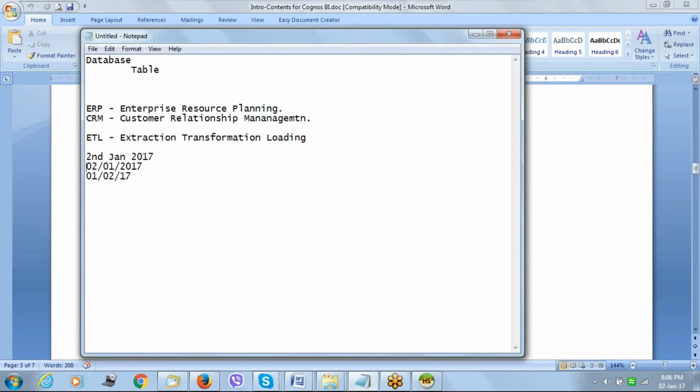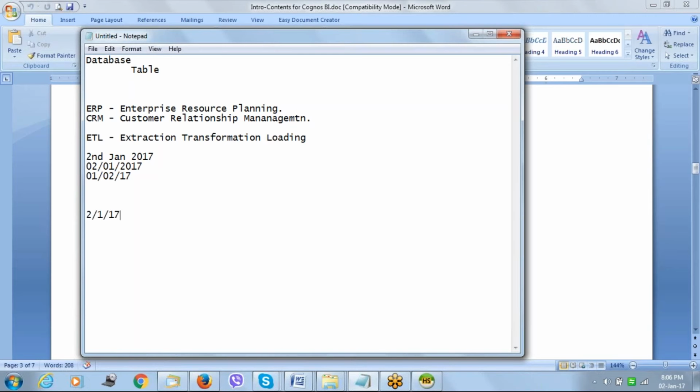So all the things are correct. So first one is also correct, second one is also correct, third one is also correct. So all the things are correct, which is coming from multiple sources. So from one source I'm getting this date, another source I'm getting this date, another source I'm getting this. So I need to transform this into a common format. So my data warehouse will have a common format, something like 2:1:17.